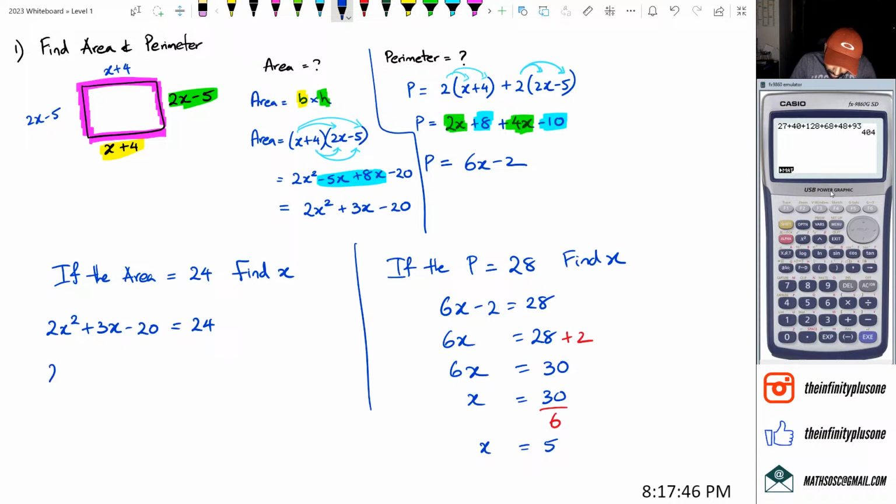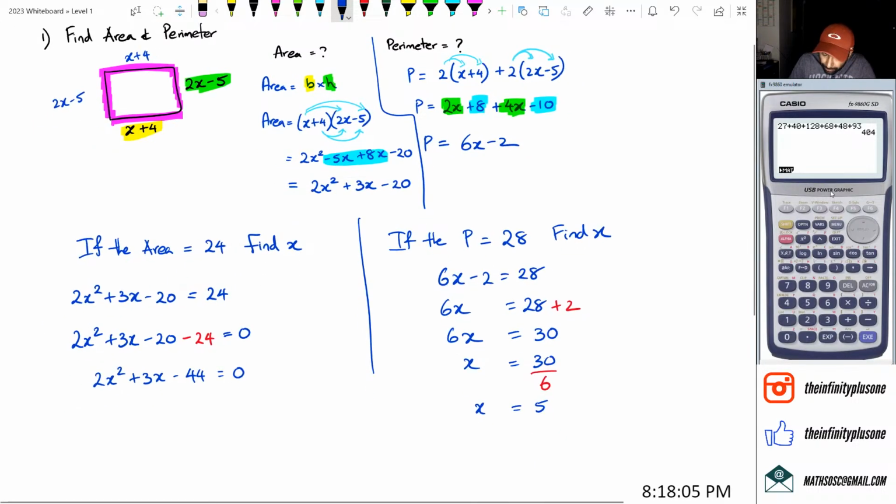So we're going to go 2x squared plus 3x minus 20. I'm going to bring this 24 to the left hand side and put my right hand side as 0. So then what I've got is 2x squared plus 3x minus 44 equals 0.